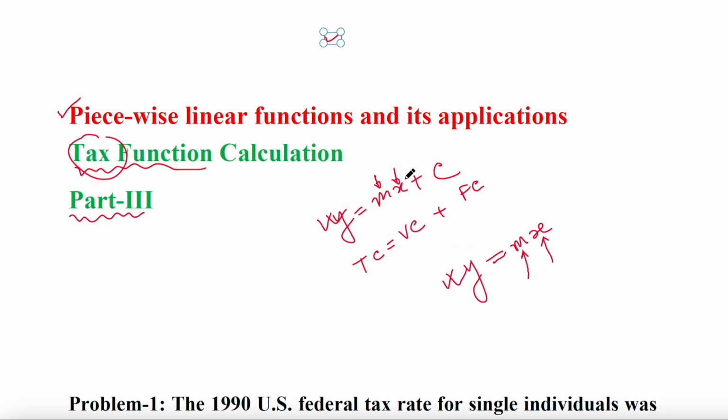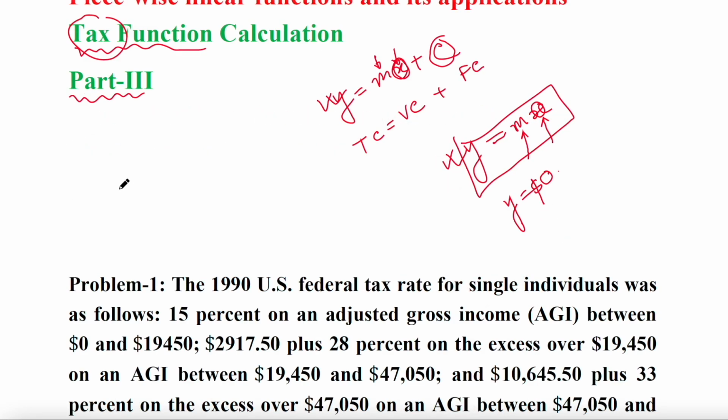If one does not use any electricity or gas, he or she needs to pay a meter charge or customer charge. But in the case of tax function, if one does not have any income x, for example income 0, then he doesn't need to pay any tax. His tax will be 0. So putting these things in your mind, y equal to mx will be the tax function.